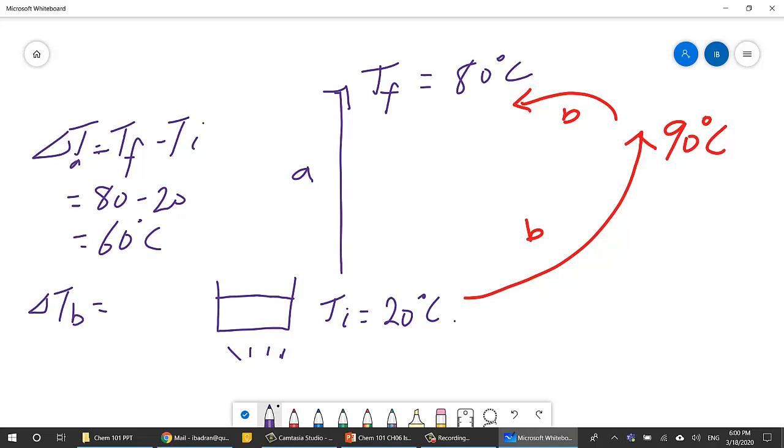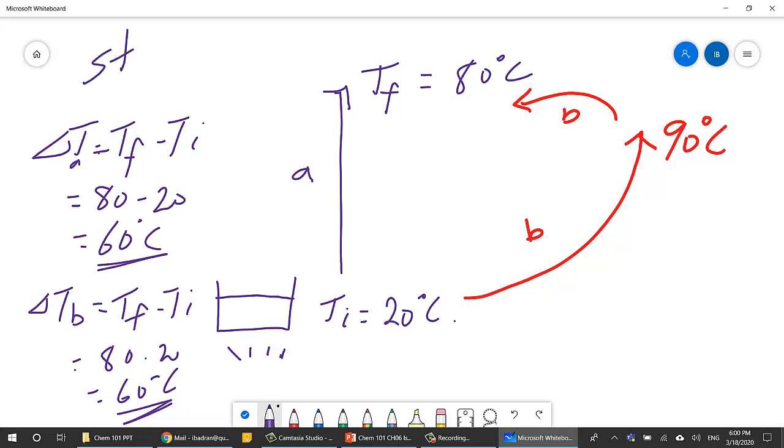Even if you heated the water to 90 and then cooled it down to 80, delta T for B is T final minus T initial, which is again 80 minus 20, the same answer, 60 degrees Celsius. So in both cases the answer is the same, and therefore temperature is a state function. State function means it does not depend on the path that is taken.